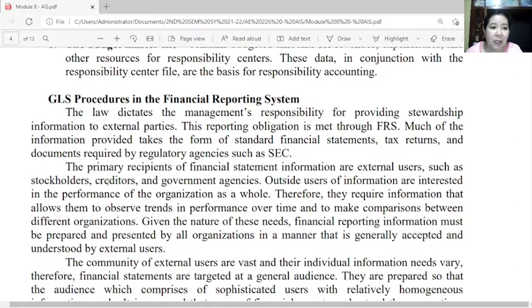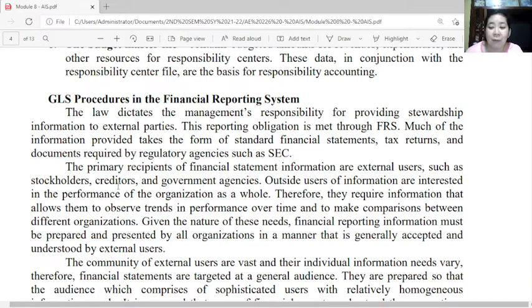So what are the GLS, or general ledger system, procedures in connection with the financial reporting system? Basically, the law dictates the management's responsibility that they will provide stewardship over the information for external parties. As mentioned earlier, this is for regulation.